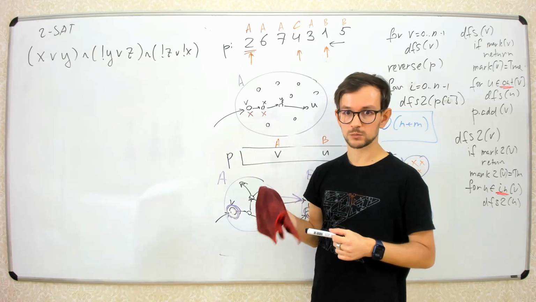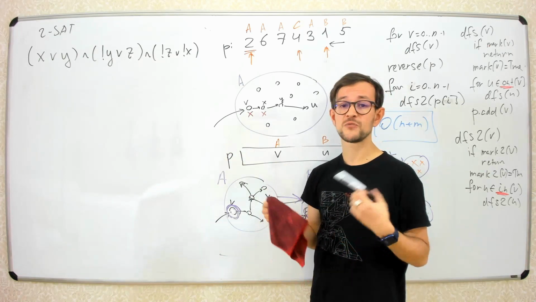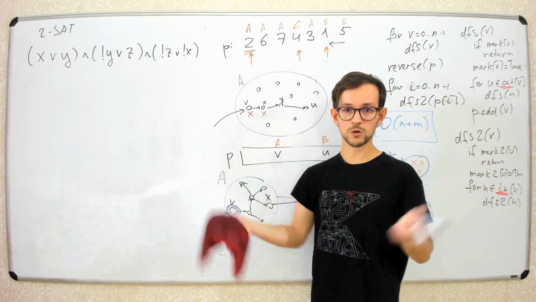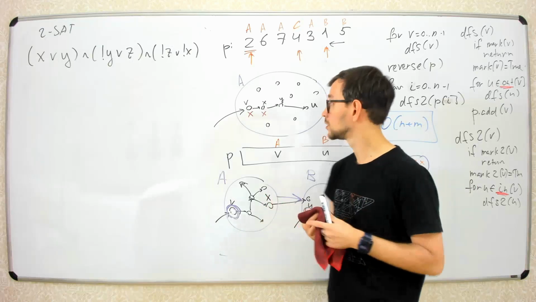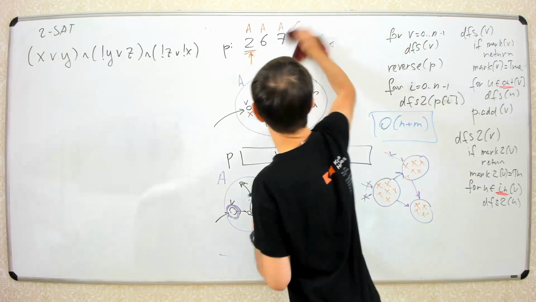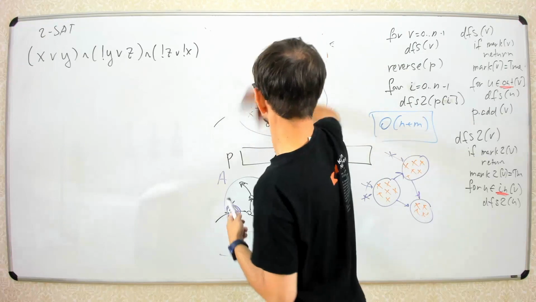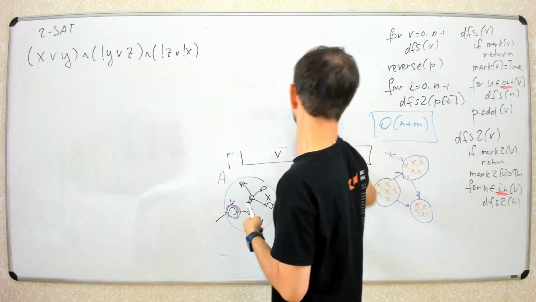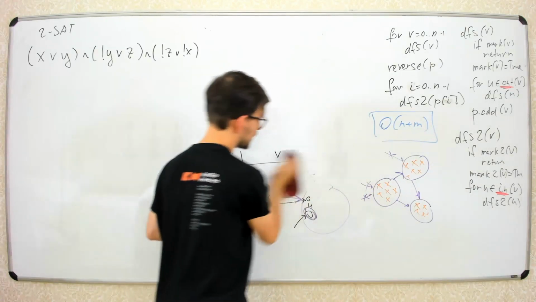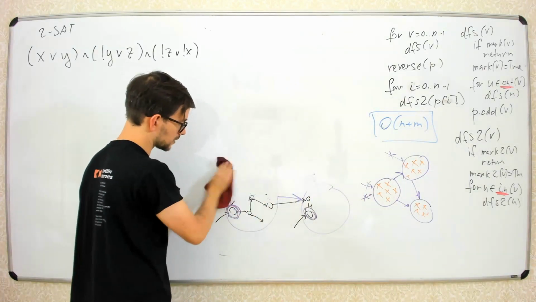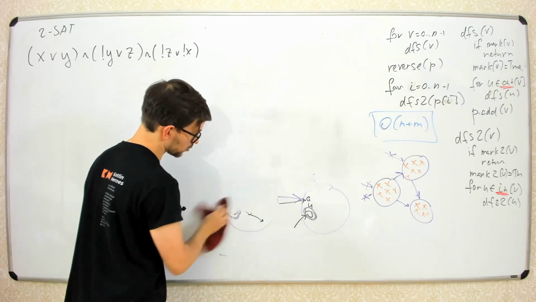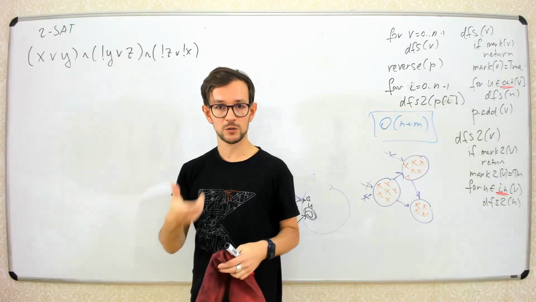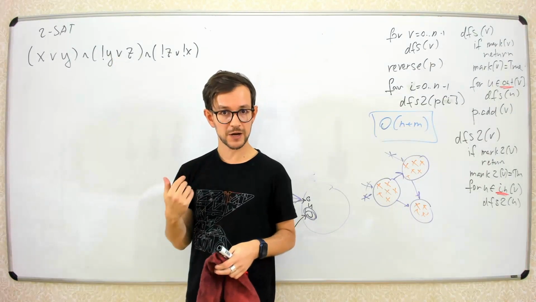It turns out, and it's quite surprising, that a lot of problems from various fields can be reduced to the 2-SAT problem. Another interesting thing: if you look not at 2-SAT but at 3-SAT, if you allow three elements in all these clauses, it will be an NP-complete problem.